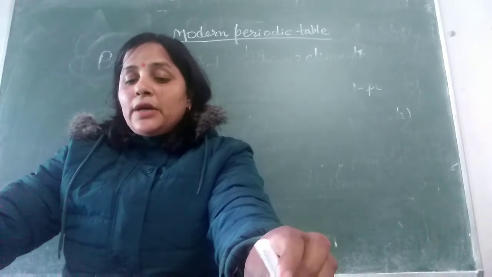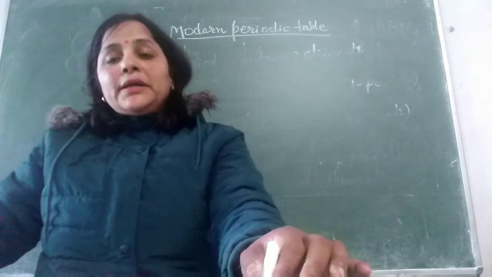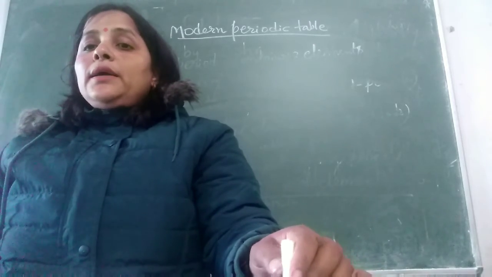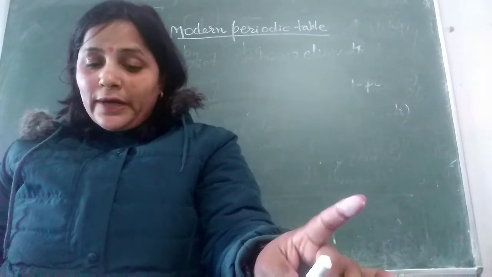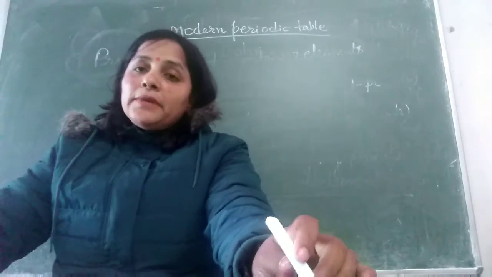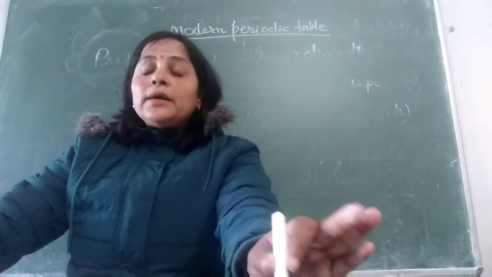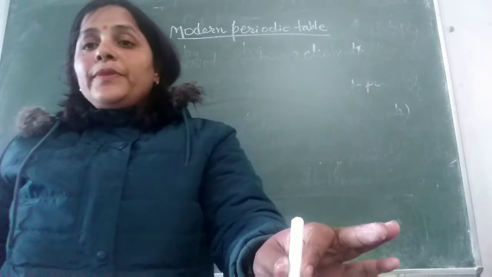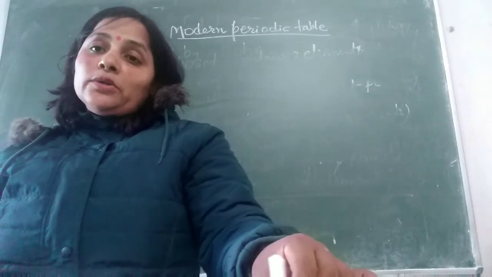Now the valence electrons of different groups. Elements of group 1 have the same valence electron, that is only 1, and for group 2 the valence electron is equal to 2. On the basis of the valence electron we can identify the groups.